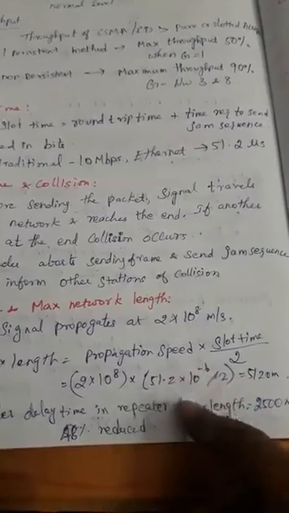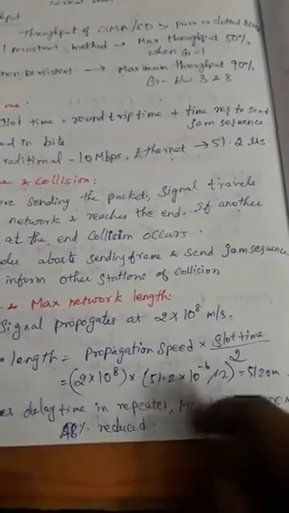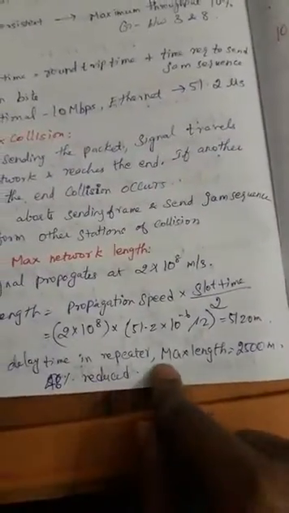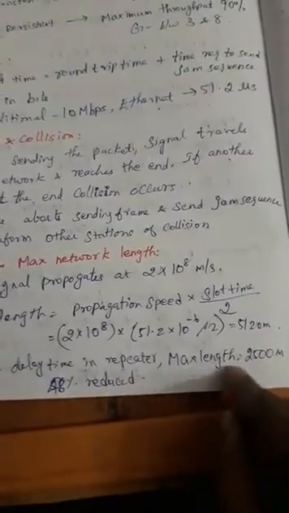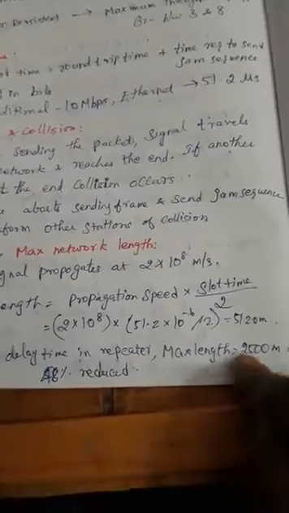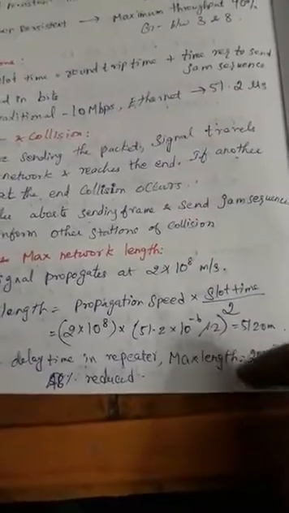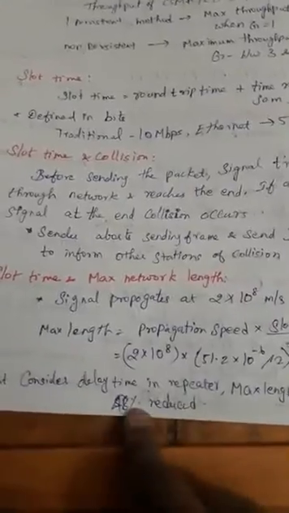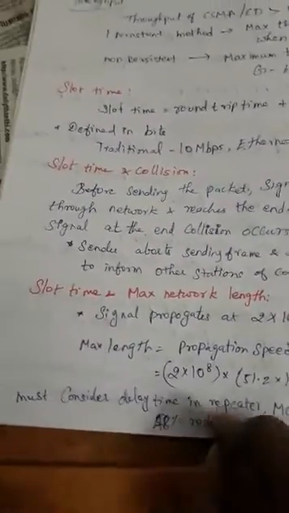Microseconds can be written as 51.2 times 10 power minus 6. That gives 5120 meters. We must consider the delay time in repeaters, so our maximum length is 2500 meters. Comparing 2500 meters with 5120 meters, we find that 48% is reduced.